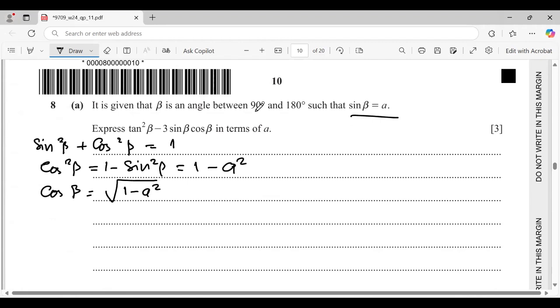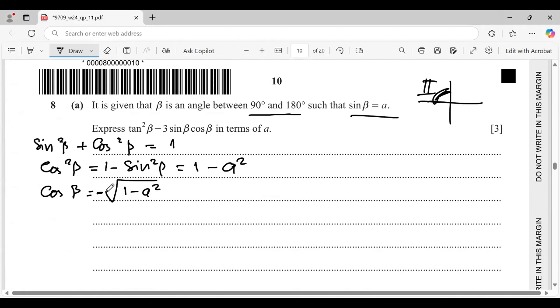Based on this information, the angle is between 90 and 180. It means it's in the second quadrant. This is 0 to 90, and this is 90 to 180. In the second quadrant, the values of cosine are always negative.